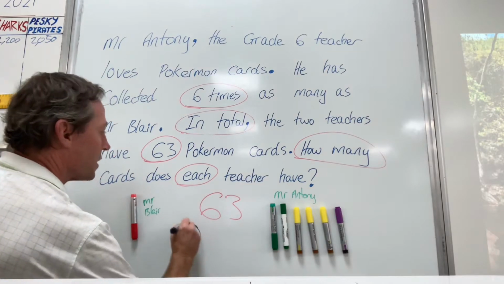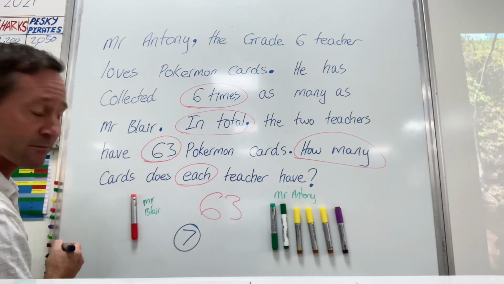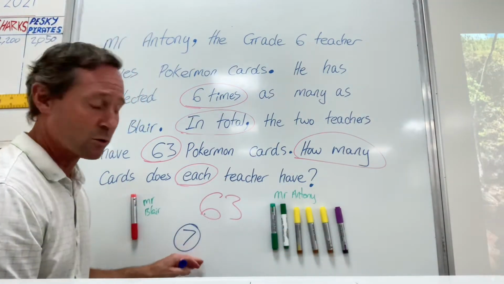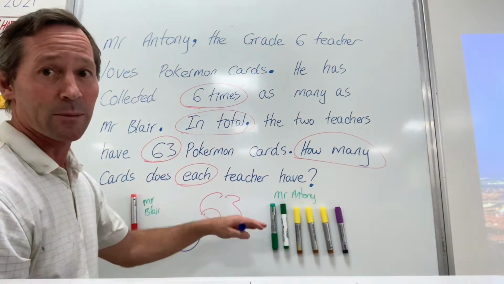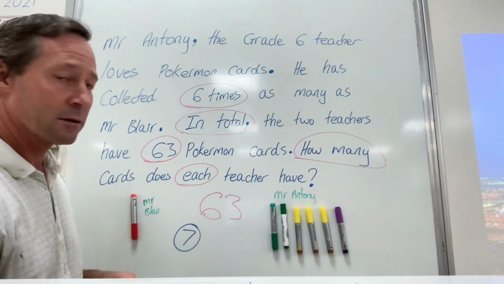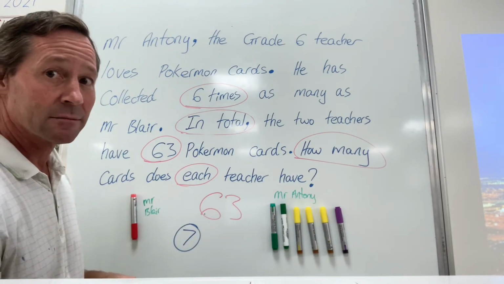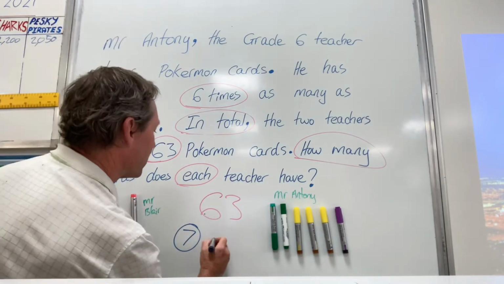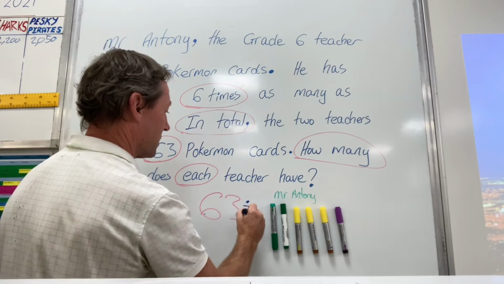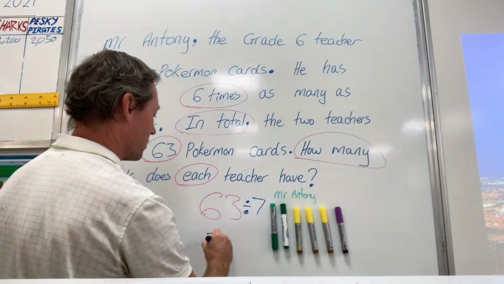In total there's 63. 63 divided by 7, what would that give me? 9. 63 divided by 7 equals 9.